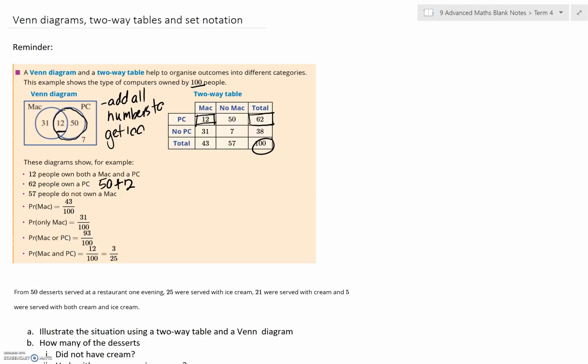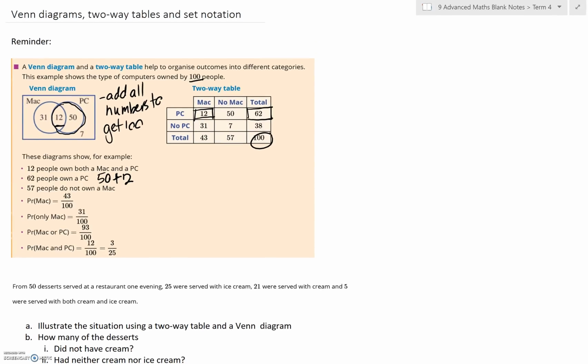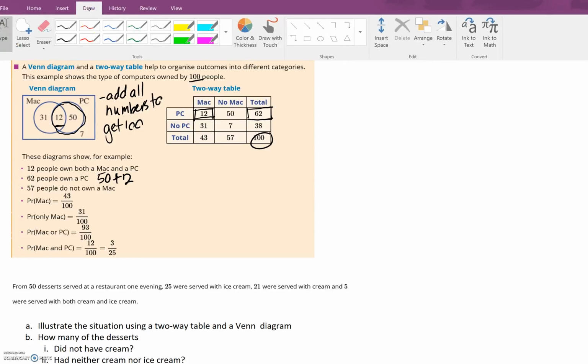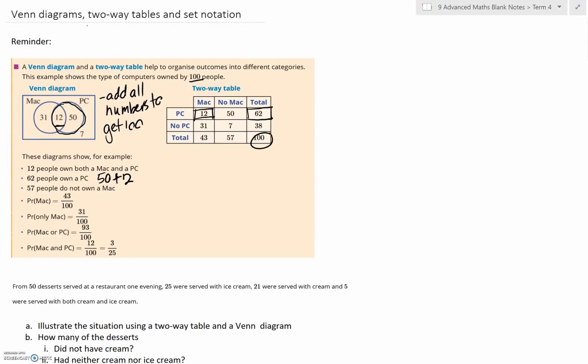Then we've got 57 people do not own a Mac. Now, in the Venn diagram, this is found. I'm just going to see if I can change the color of my pen. So 57 people do not own a Mac.